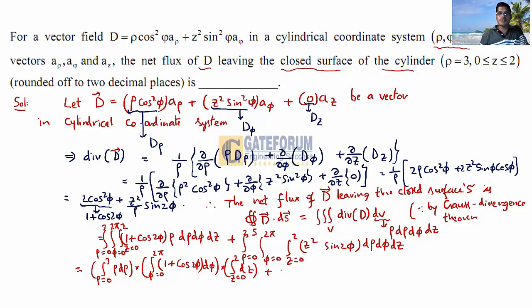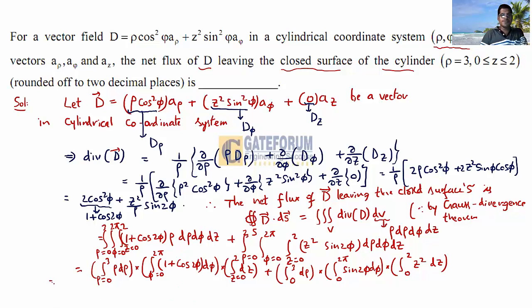Plus similarly here also, integral 0 to 3 rho d rho, multiplied by phi limits 0 to 2 pi sin 2 phi d phi, into z limits 0 to 2 z square dz. So term by term integration.